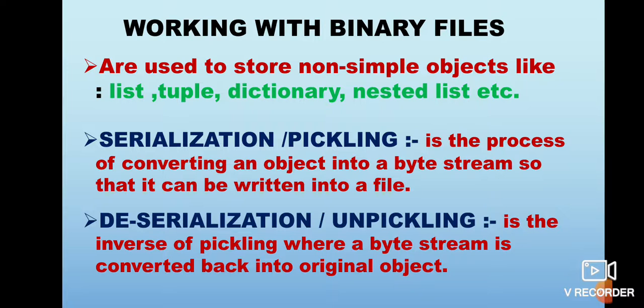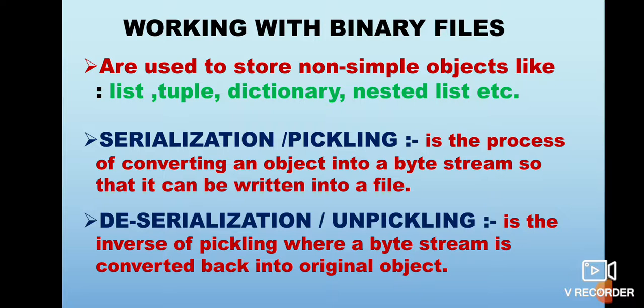Now what is the meaning of this word serialization? Serialization is also called pickling. Pickling is the process of converting an object into a byte stream so that it can be written into the file. See, as you know, data in a binary file is written in machine language, that is in bytes form.